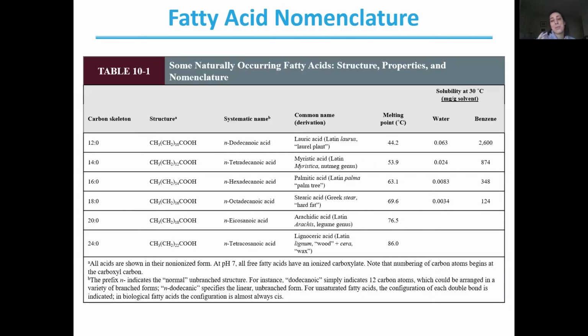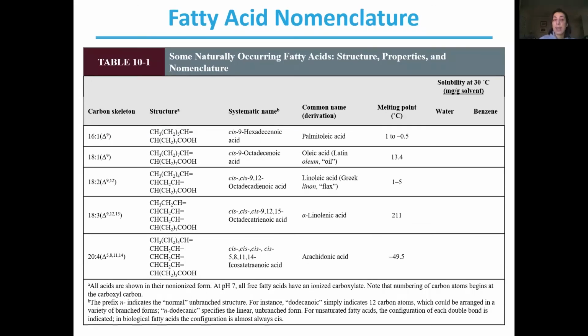So here, just for visualization, is a list of very common fatty acids. You can see their carbon skeleton base number. So for example, all of these fatty acids shown in this table are saturated because they have 0 double bonds. And they're of different chain lengths, so 12, 14, 16, 18, 20, and 24. Remember that we, in nature, generally only see even numbered chain lengths in our fatty acids.